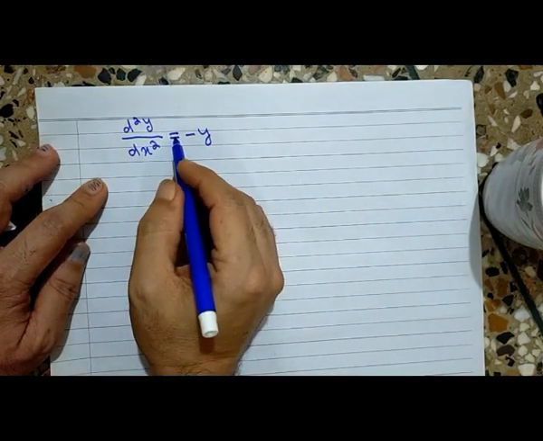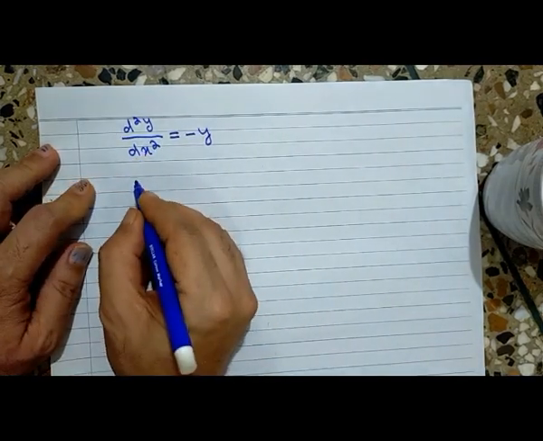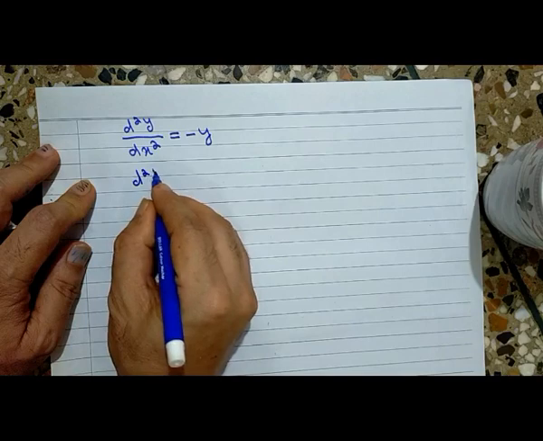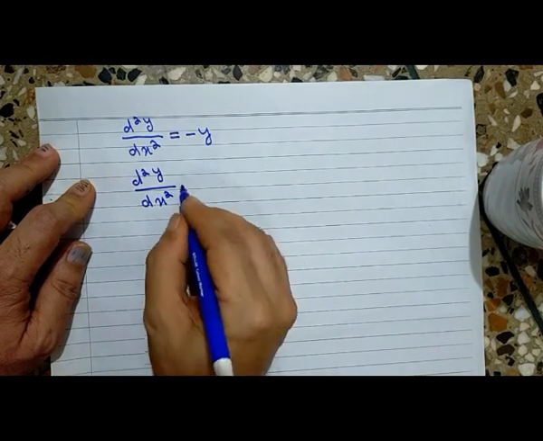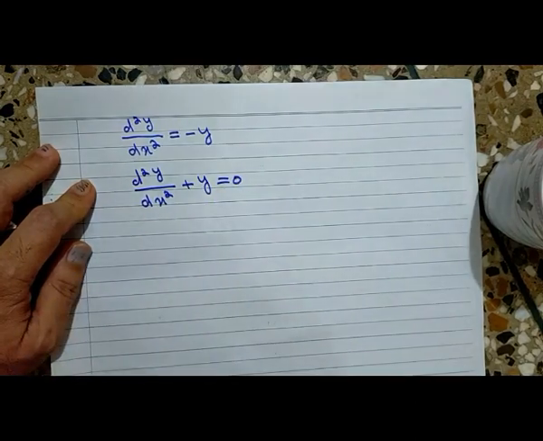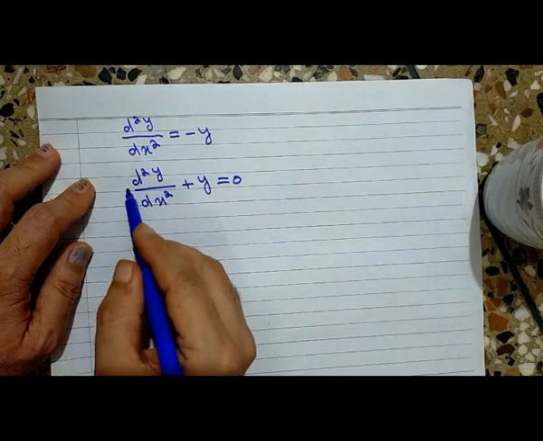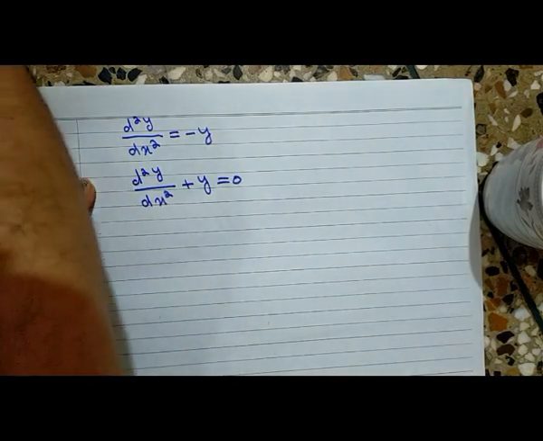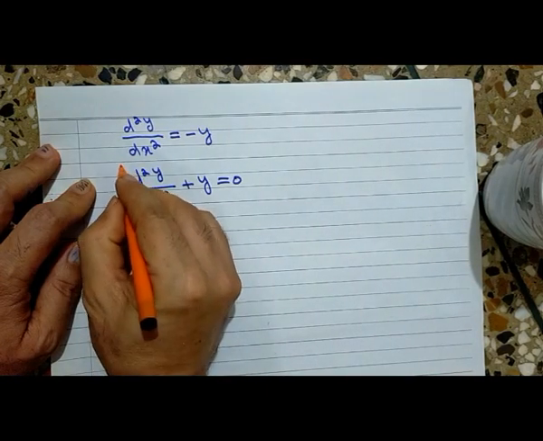And after a slight shuffling, we can write the equation like this: d2y over dx2 plus y equals 0. So a differential equation is formed, and you can see that this is actually, let me border it with this orange color.